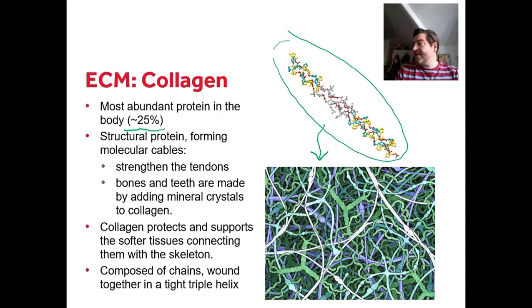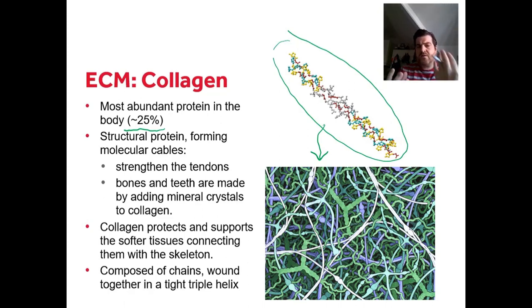They do things like strengthen tendons. The tendons in our body are made of collagen. If you think about our bones and our teeth, they are formed by a collagen network to which crystals of minerals like calcium are added, and they harden to form the bones.